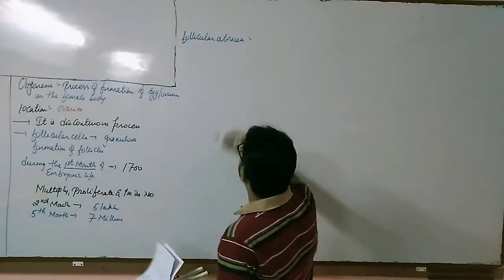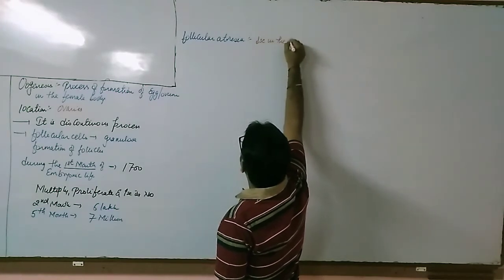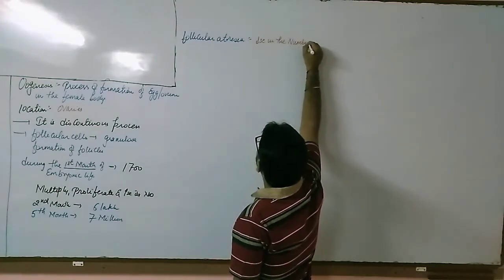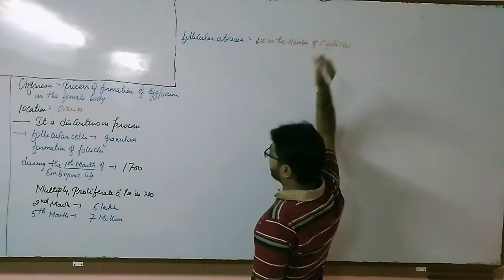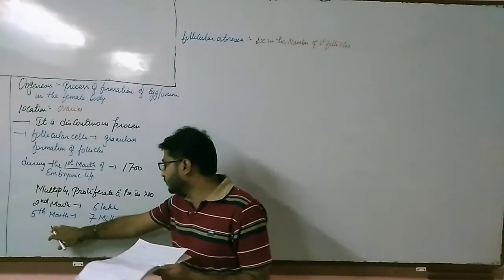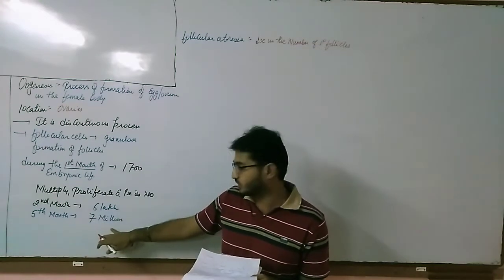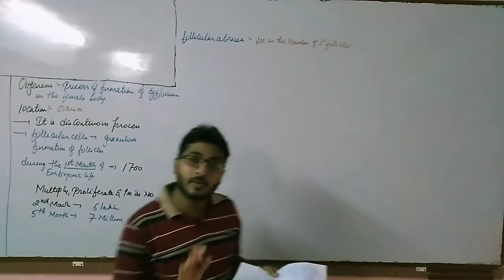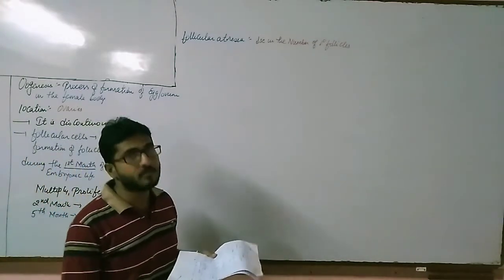Follicular atresia is basically a decrease in the number of primary follicles. So up till the fifth month during embryonic development, the total number of primary follicles was 7 million. At birth, this number will decrease to 2 million.